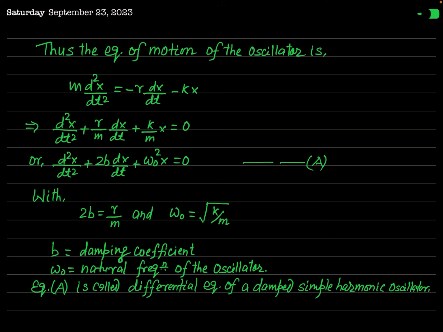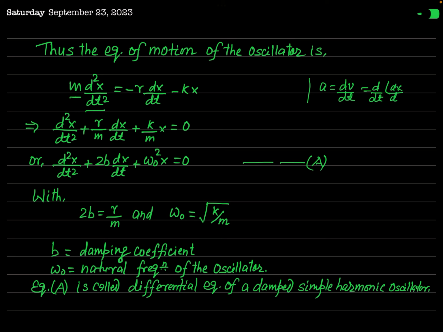Second law says that the resultant force acting on a particle is simply equal to the product of the mass of the particle and the acceleration of the particle. As at any time t the velocity of the particle is v, its acceleration will be dv by dt. And you know that v is defined as dx by dt.